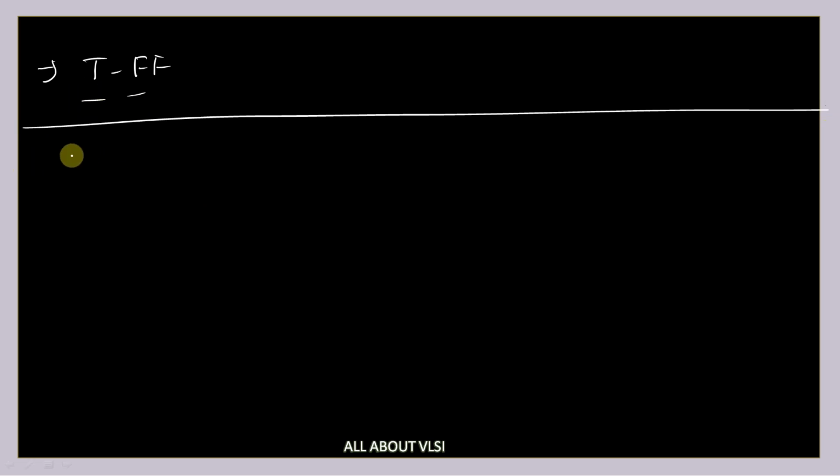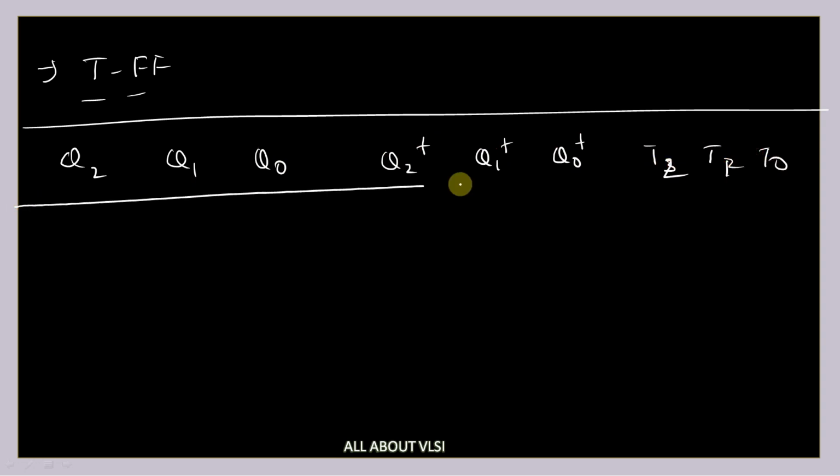For this T flip-flop, I'm going to draw the excitation table. Q2, Q1, Q0 are my present states, Q2 plus, Q1 plus, and Q0 plus are my next states, and T2, T1, and T0 are my inputs.